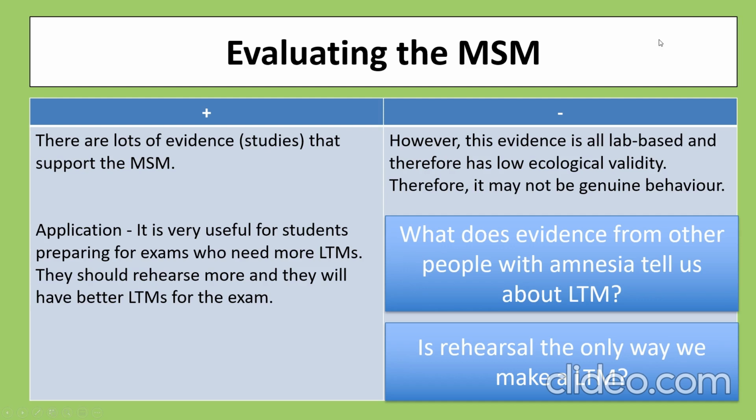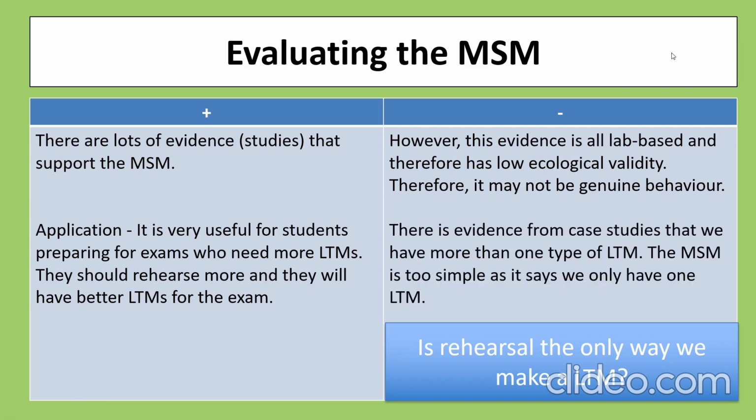What does evidence from other people with amnesia tell us about long-term memory? And what do we know from our last video about long-term memories? Well, the multi-store model says you've got one square for long-term memory, but we know that there are three types of long-term memory, and we know that there are case studies of people who have damaged their long-term memory, but not all of their long-term memory.